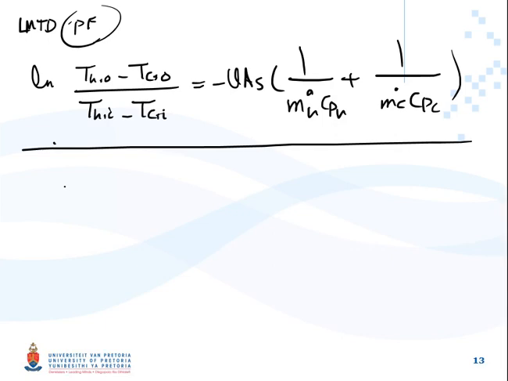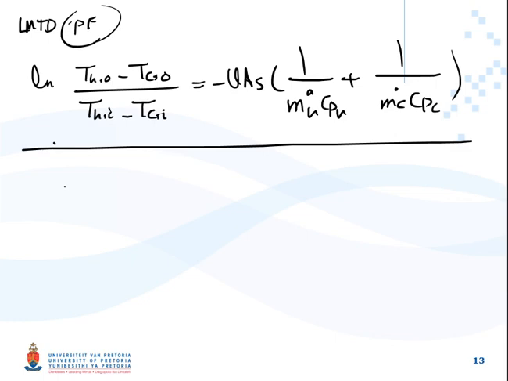You remember last lecture we talked about some assumptions. If we apply all those assumptions, we use a differential energy balance. Instead of talking about a temperature difference, when we are talking about a very small temperature difference, we are speaking about the differential energy balance.